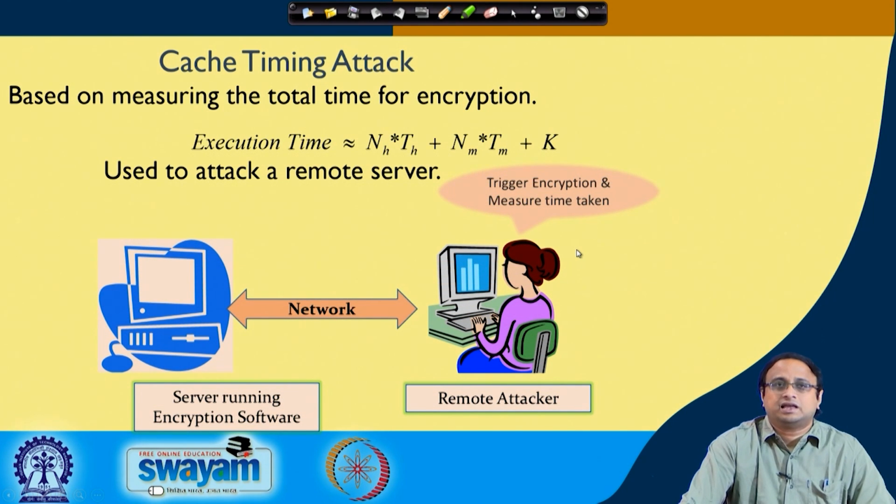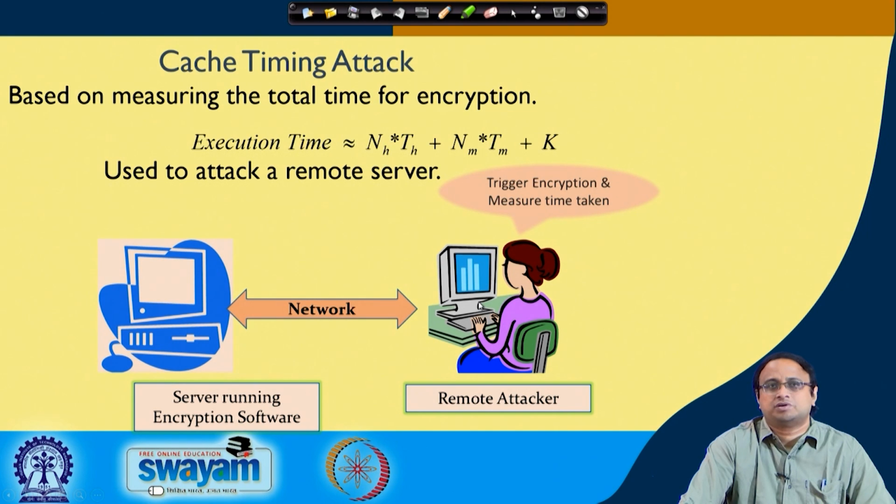Now imagine this is the scenario of the attack. There is a remote server running encryption software, and a remote attacker who establishes a network connection, which could be something as common as TCP, and sends packets to the server to encrypt. When the server sends back the ciphertext, the attacker also obtains the timestamps of sending the data and receiving the packet back.